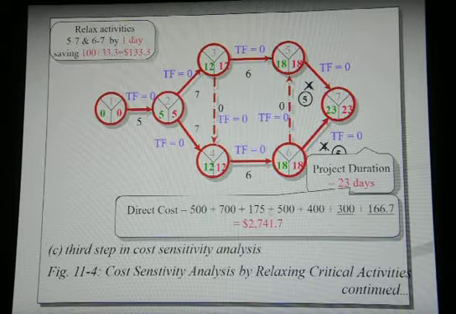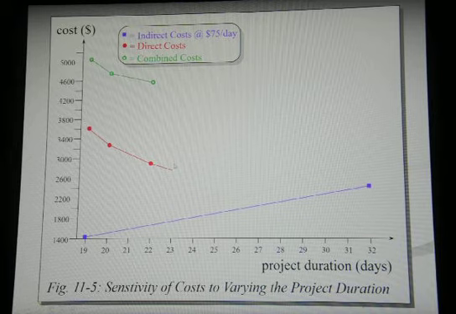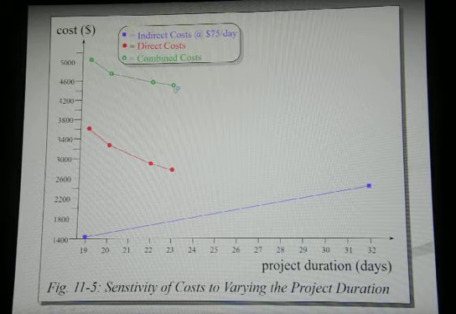So day 23, 2741, and we plot it here. That's it for day 23, and this is the combined costs.